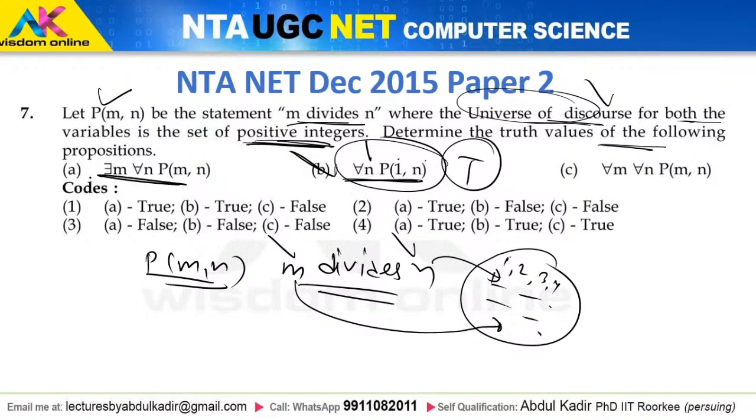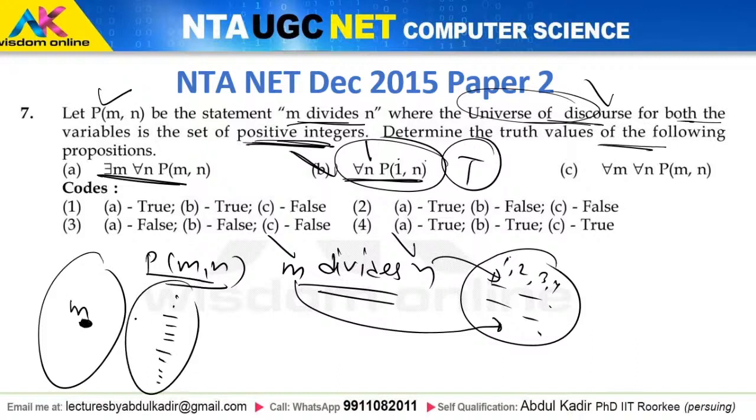Okay, let's see this. Here he is saying that there exists an m such that for all n, P(m,n). Basically there exists an element m such that this m divides n, for every n. Yes, this is true. Why?